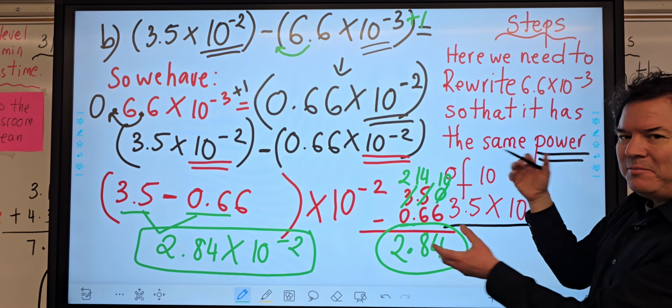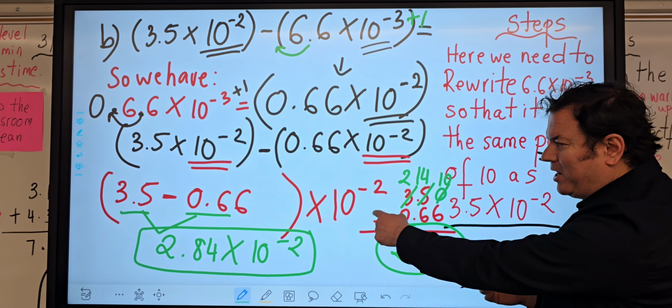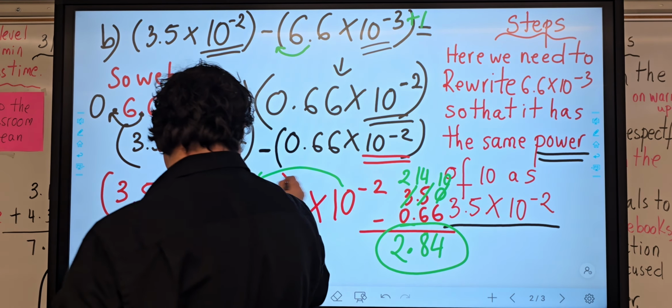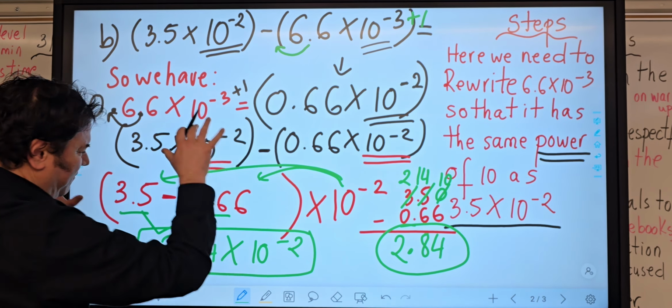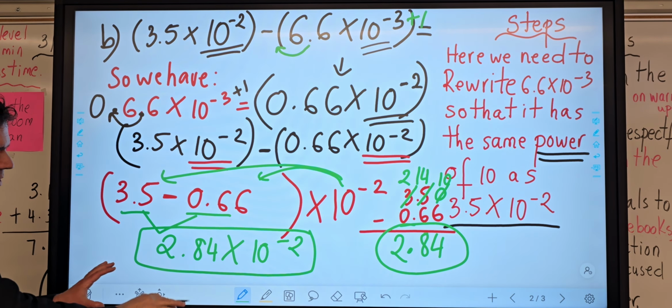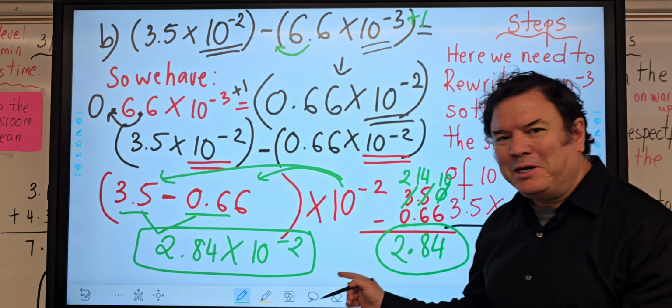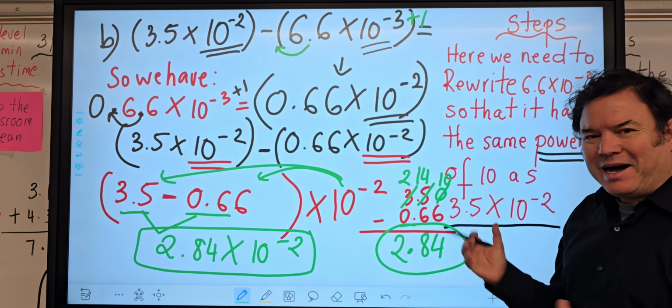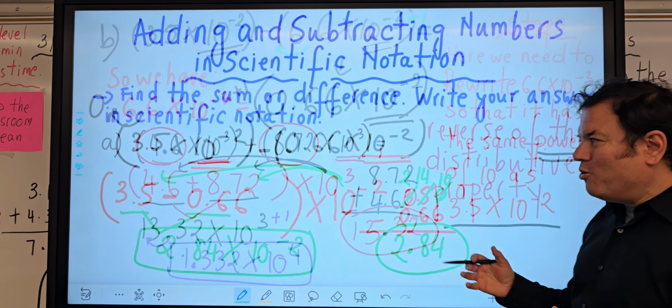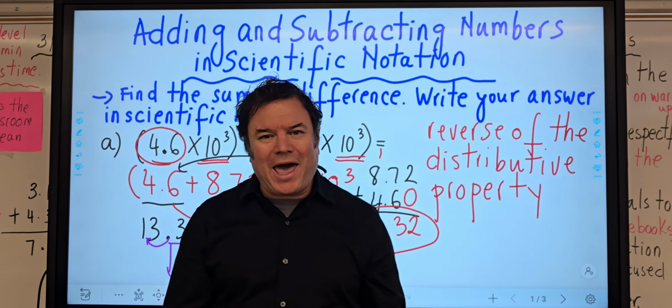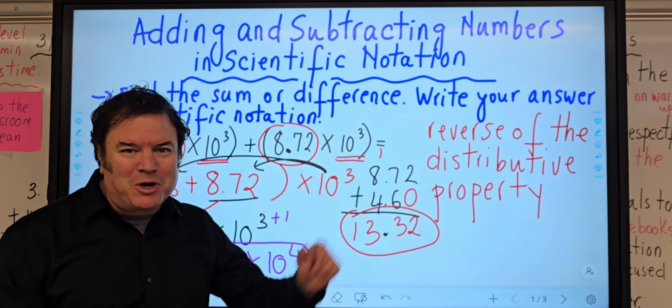And then we used the reverse of the distributive property. We got to this expression. And finally, after we subtract the decimals, our final answer is 2.84 times 10 to the negative 2. I hope after these examples, you are clear and you know how to add and how to subtract numbers in scientific notation.